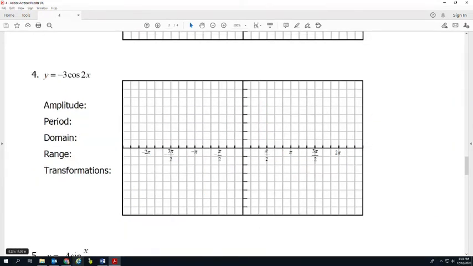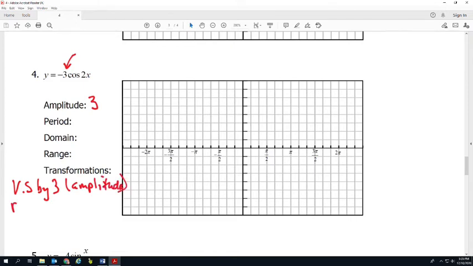Okay, for example 4, we have an amplitude change with this 3 right here. The negative, though, is going to reflect it. So your amplitude is actually always positive, so it's just going to be positive 3. So your transformations so far are an amplitude change. You had a vertical shift by 3, which again changed the amplitude.